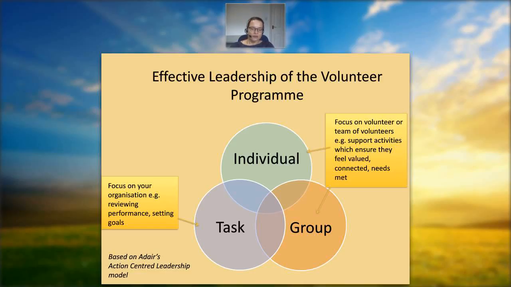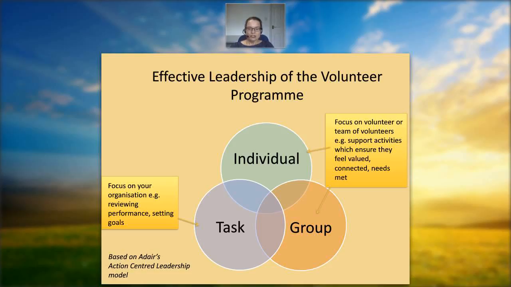And on the third side, the task or the organisation side, the needs are going to be very much towards what you're asking the volunteers to actually do. That will be about the goals that you might set for them, and reviewing their performance as individuals or as a group.